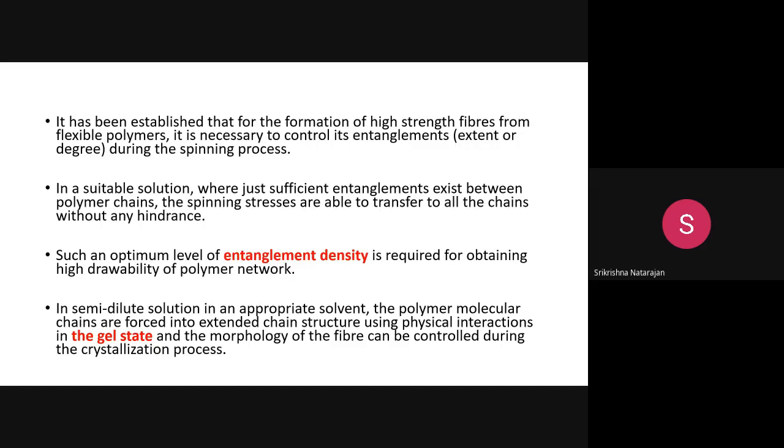In a semi-dilute solution, the polymer chains are forced to extend in a chain structure using the physical interactions in the gel state. In the gel state, you can actually extend the polymer chains. If you extend it, the stress can easily pass from one polymer chain to another because of the physical interactions.